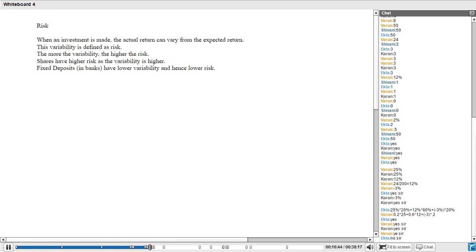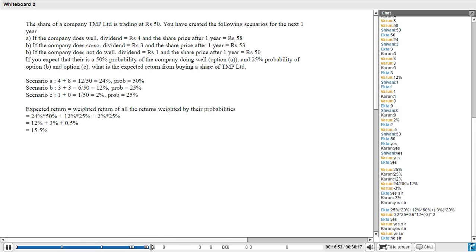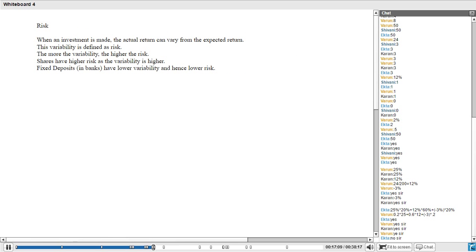As we noticed, when an investment is made, the actual return can vary from the expected return. Even if it was scenario A, B or C in the case of TMP Limited, the return would have been different from the expected return. This variability is called risk.